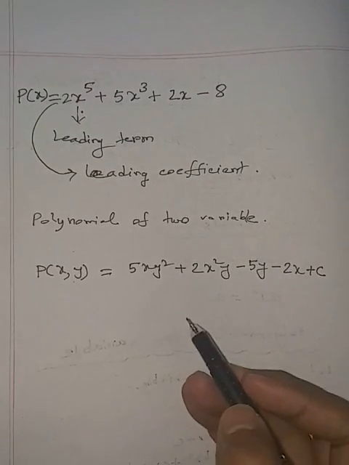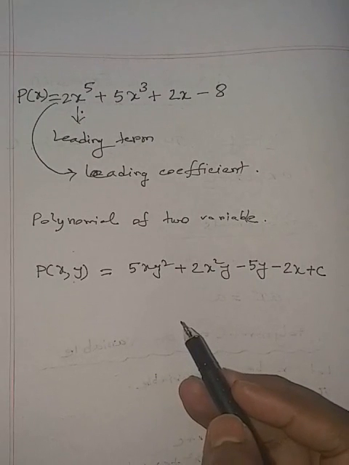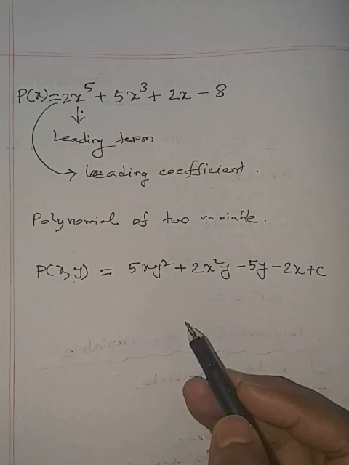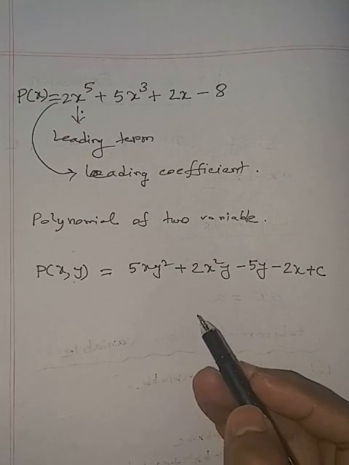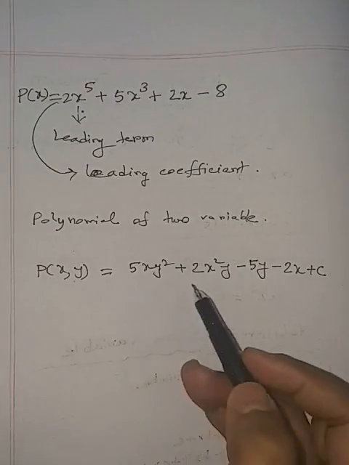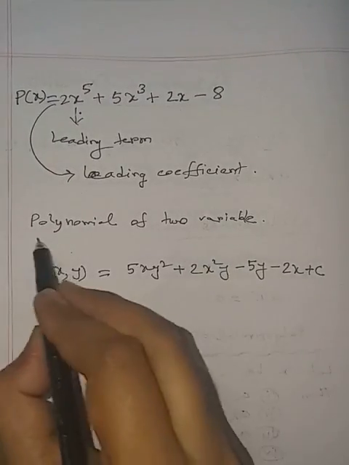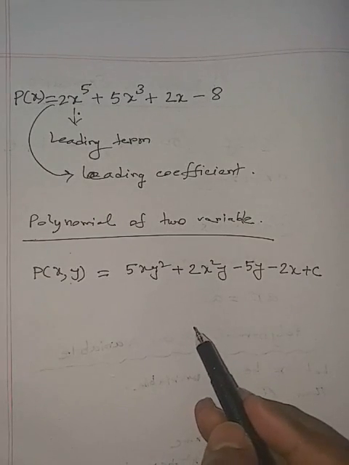This is p of x, y: 5xy squared, 2x squared y, 5y minus 2x plus c. This is a polynomial of two variables. Here x and y are the two variables.